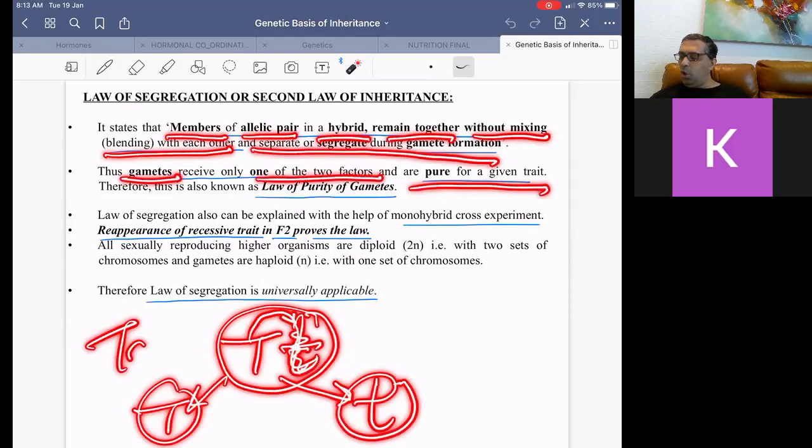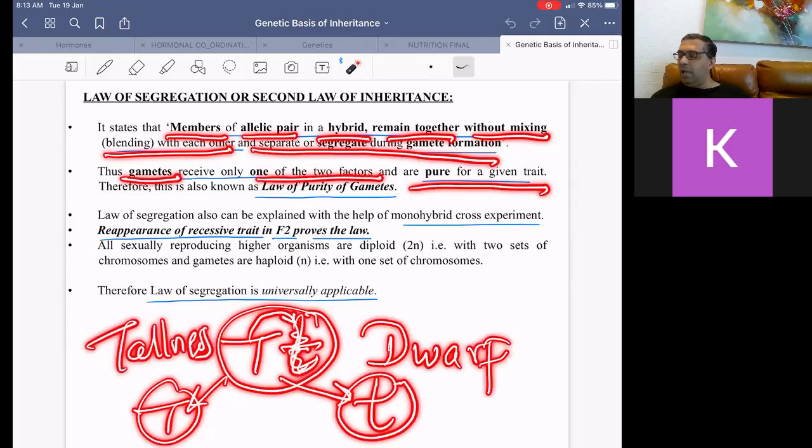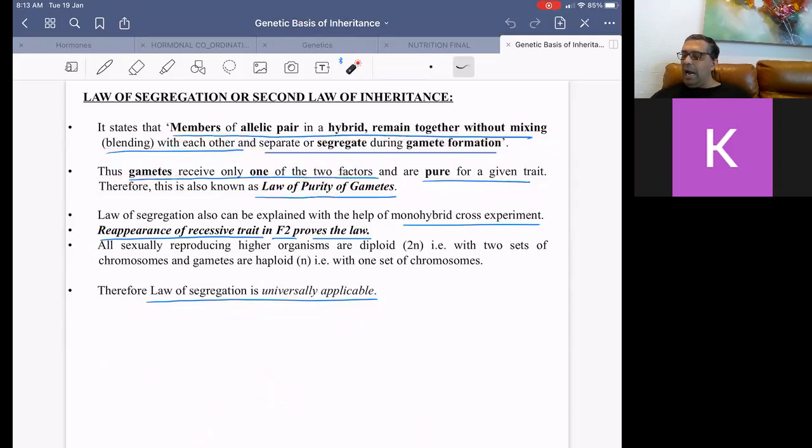Capital T is for tallness purely, and small t is for dwarfness purely. And that is called law of purity of gametes. And law of segregation can be explained with the help of a monohybrid cross.